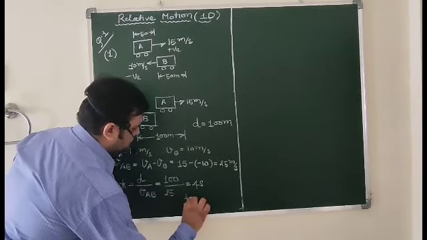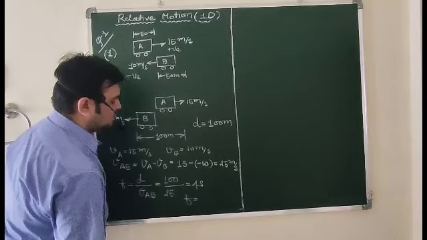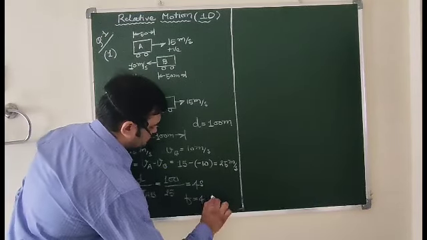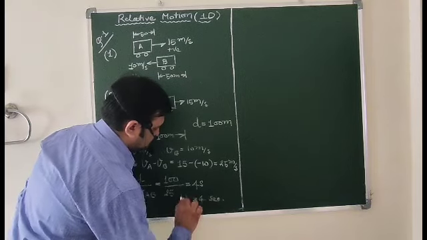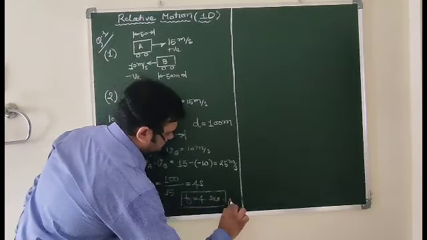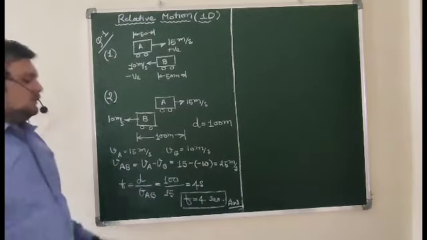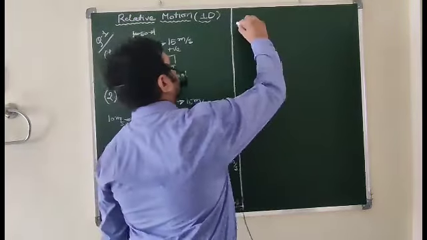So the time taken by both trains to cross each other is 4 seconds. This is our answer.